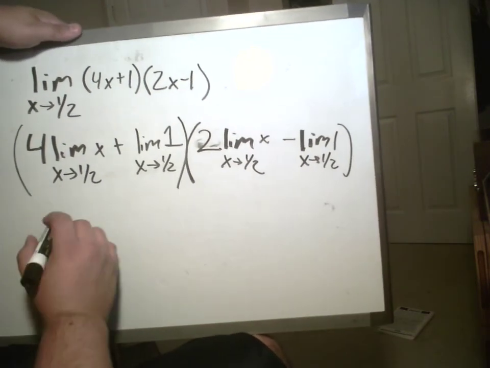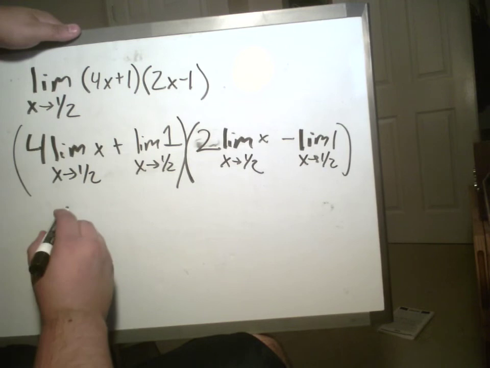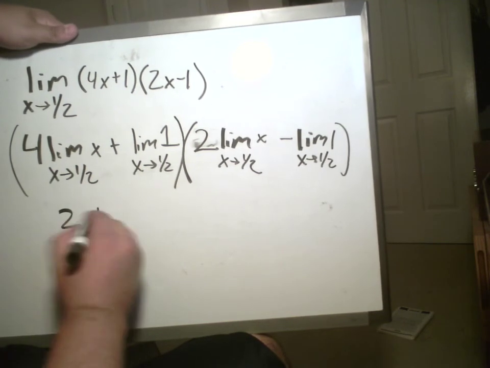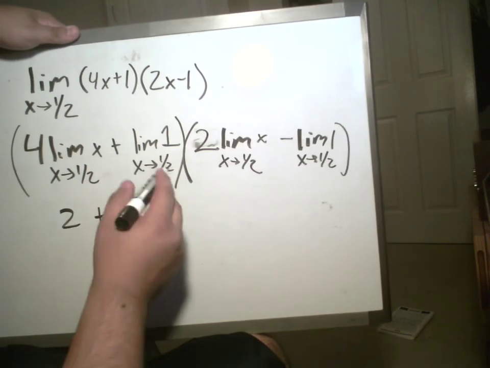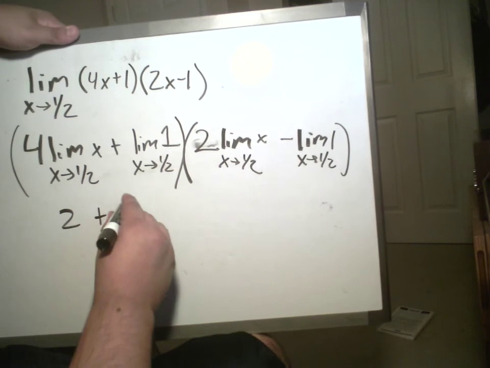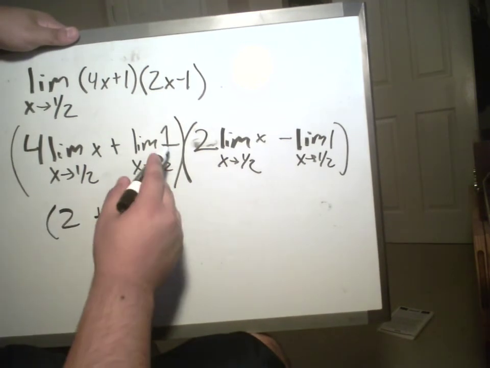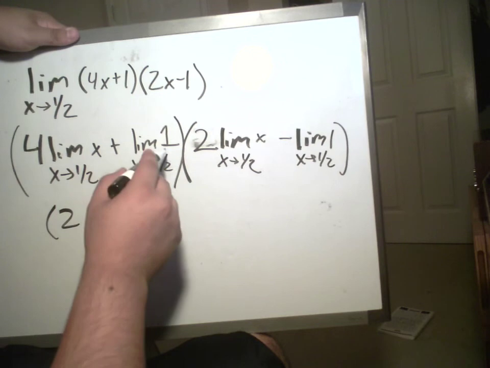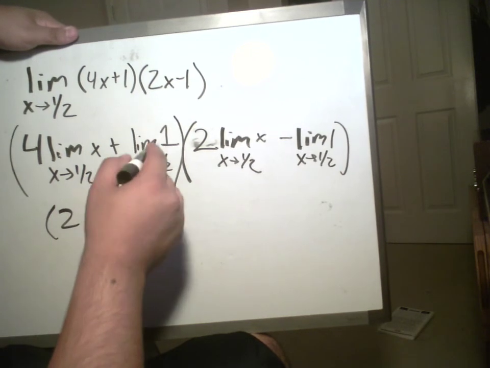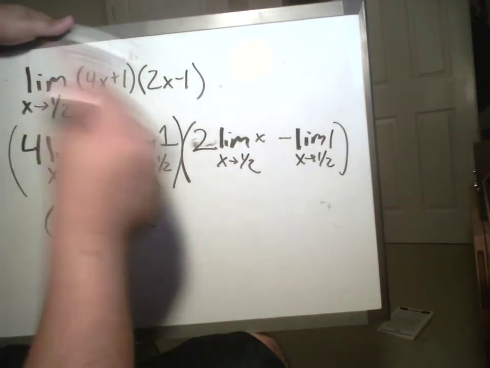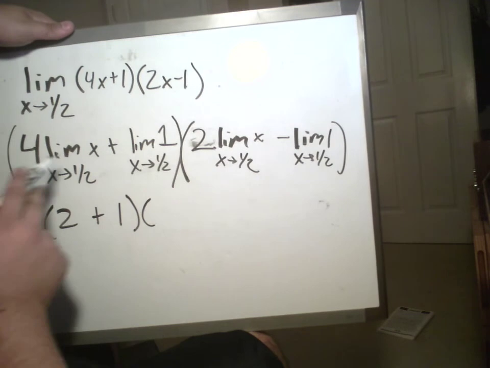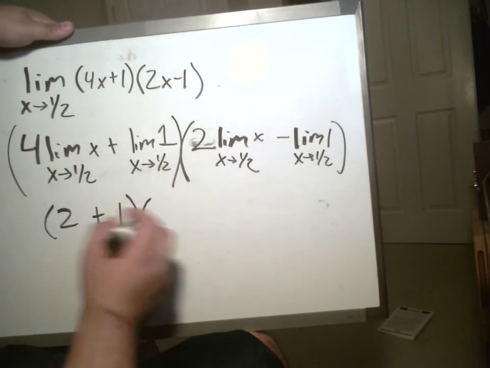So remember, we're going to plug the 1/2 in, so 4 times the 1/2 is 2, plus, all this one is just going to be 1. All this multiplied. Remember, we use the limit as x goes to c times some constant k, which in this case 1 is our k. That just equals 1. And 4 times the 1/2 is 2.